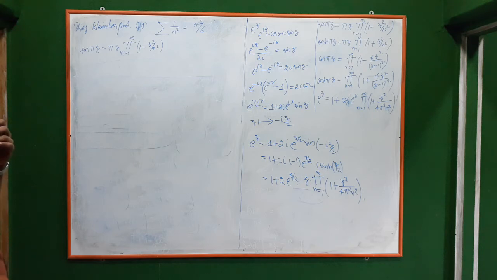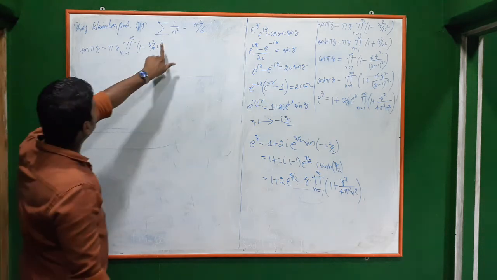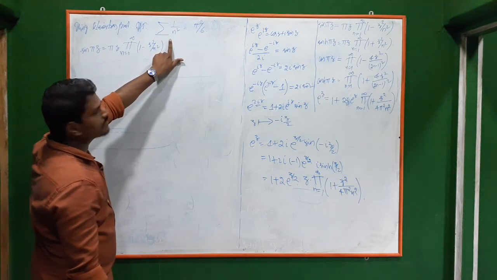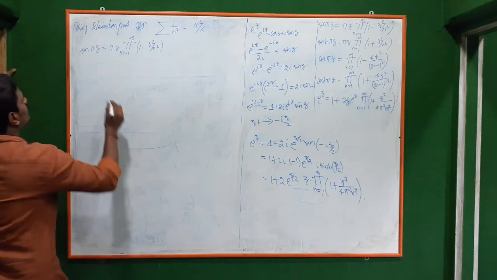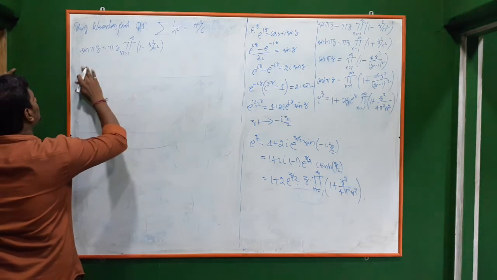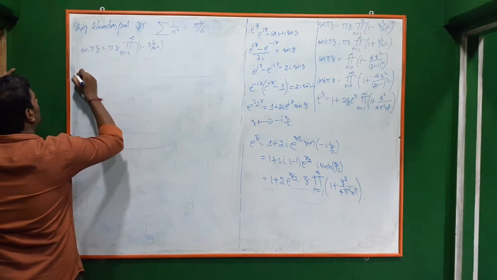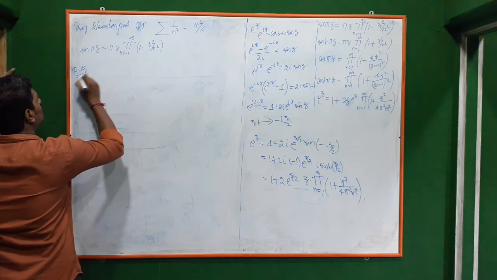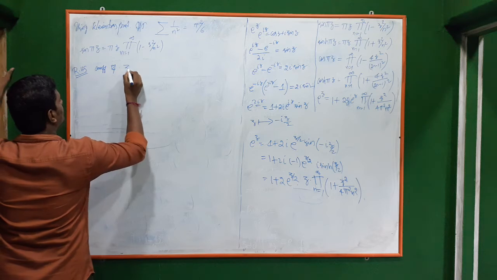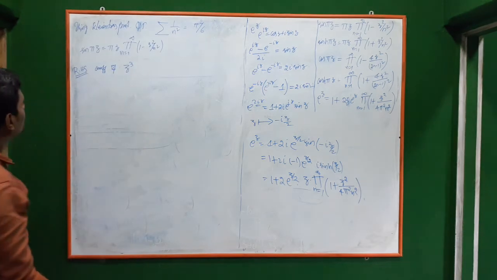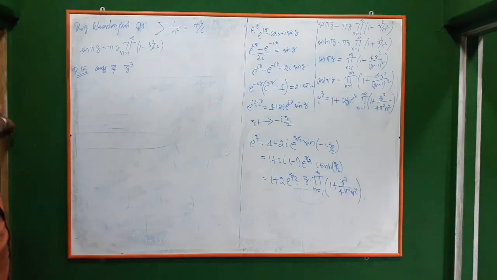So what we need is summation 1 by n square, correct? In this whole thing, on the RHS, take the coefficient of z cube.